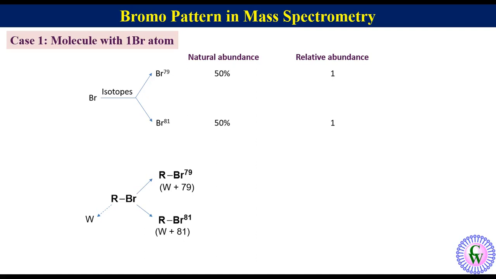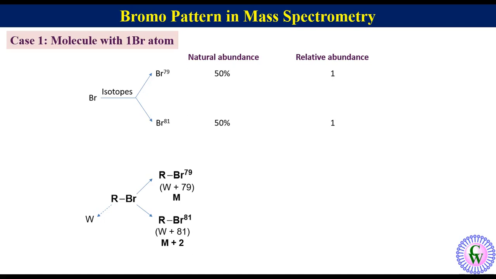The peak in the mass spectrum corresponding to W plus 79 is labeled as M, while that of W plus 81 as M plus 2, because the latter peak has 2 units higher mass.